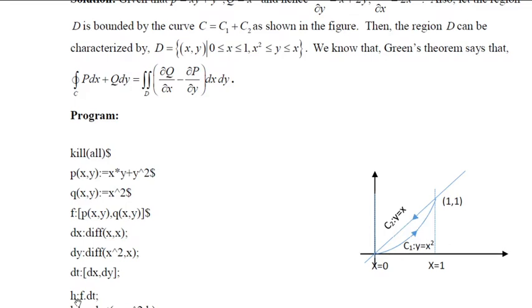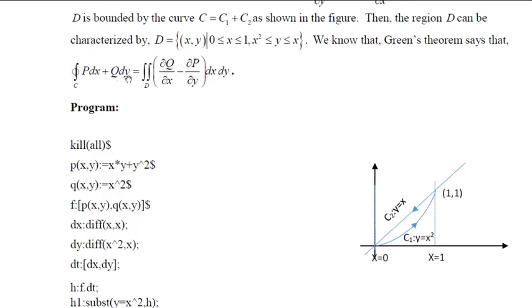Now let us find the dot product of these two, that is f dot dt. You are multiplying two lists, so you need to apply the dot product, so that you are going to get p of x, y into dx plus q of x, y into dy. That will be stored in h, that is your left hand side, p dx plus q dy.